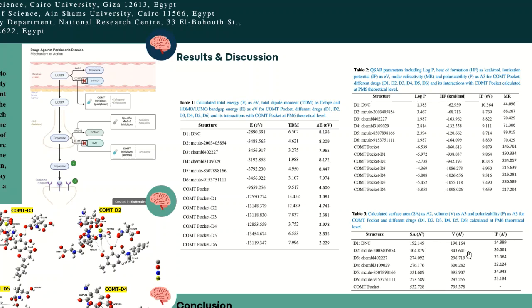From the results, we can conclude that there are two promising drugs that penetrate the blood-brain barrier, having more stable interaction with the enzyme compared to the original drug, and have a larger energy gap than DNC. Thus, they are less reactive toward the surroundings, and they can also fit into the pocket according to volume and surface calculations. Thank you.